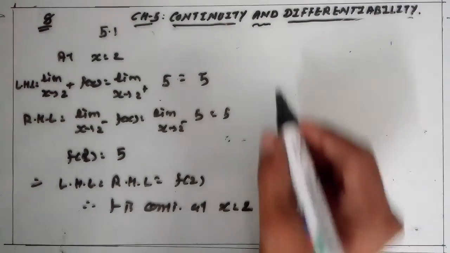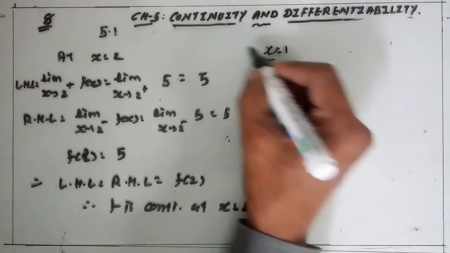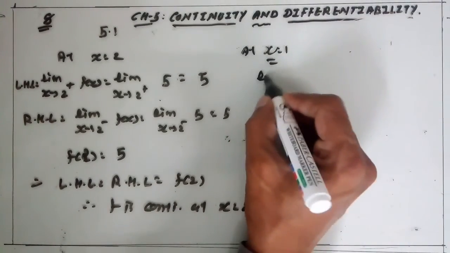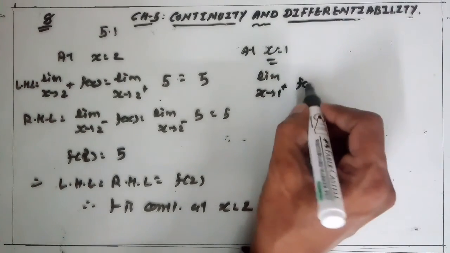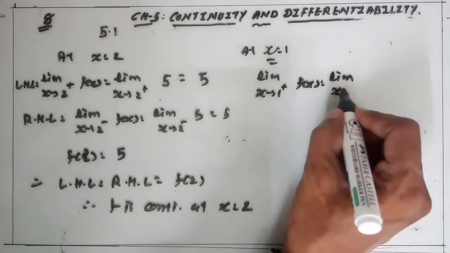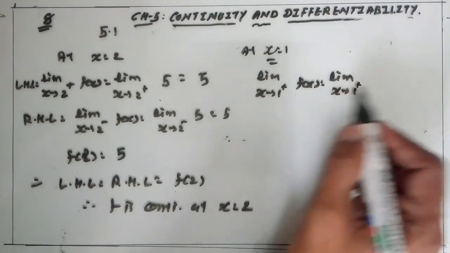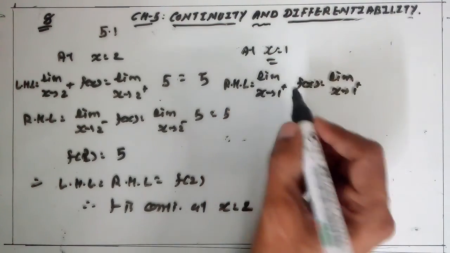Clear this? Now discuss continuity at x is equal to 1. Here limit x tends to 1 positive f(x) is equal to limit x tends to 1 positive, here positive, so RHL. Clear?